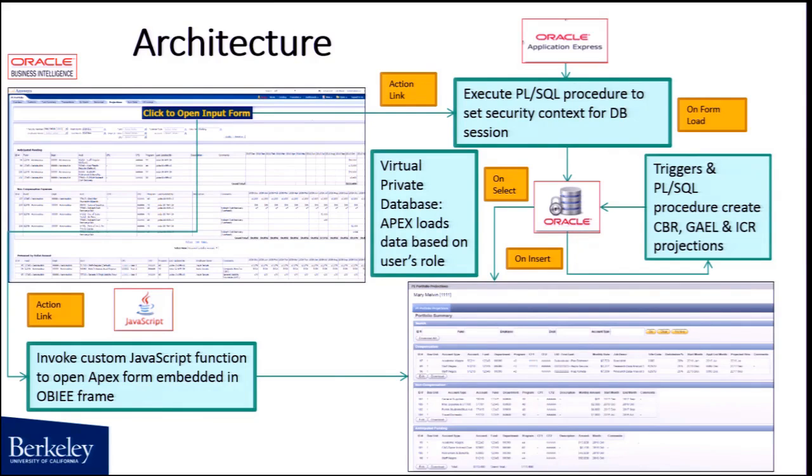We have a lot of dashboards in OBIEE and nothing in Cognos. We don't even have a license. So I'm trying to decide how we're going to deal with that. I think we're going to build an Apex interface that takes you into either Cognos or OBIEE, depending on what subject area you're looking at. That'll be another interesting challenge. So maybe I'll be back next year with Cognos in there too.